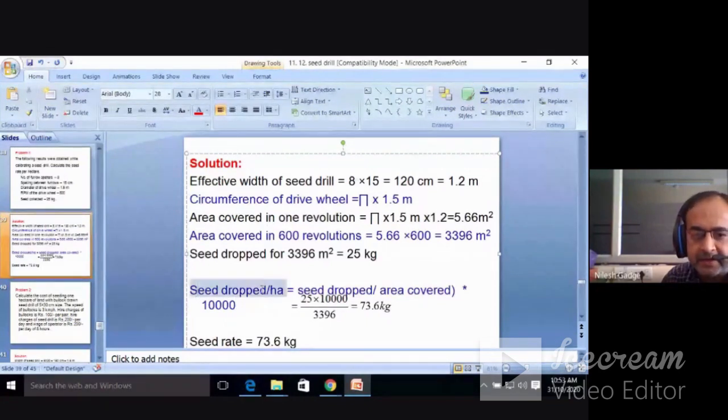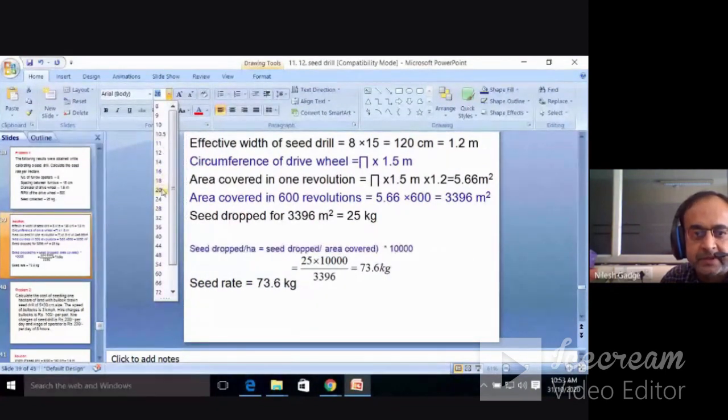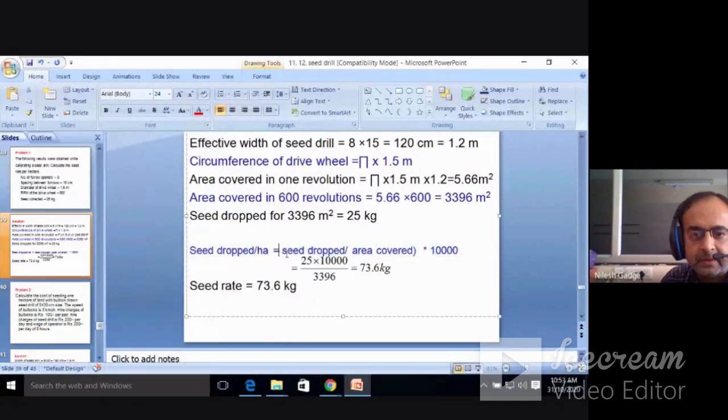Actually, why is it done? It is done so that your answer gets converted, because 1 hectare is equal to 10,000 meters square.